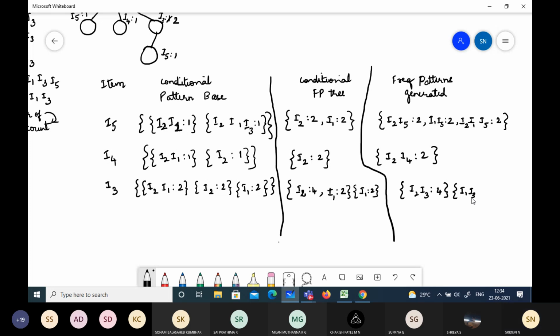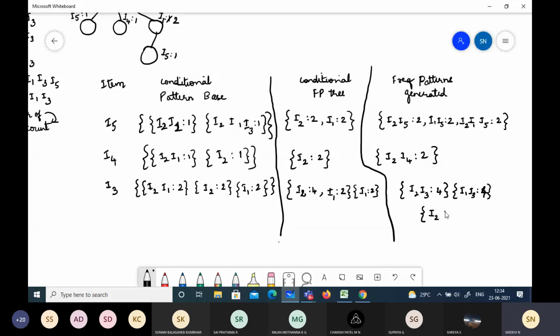Yes, I1, I3, 2, and again I1, I3, 2, isn't it? We have two transactions, one in the left side and one in the right side. So I1, I3 again, and it is 2. So we'll add that and make the count 4. It's there in the left subtree as well as in the right subtree. So we'll combine that I1, I3 and increment the count to 4. Is that clear? Then we can have the I1, I2, I3 combination.